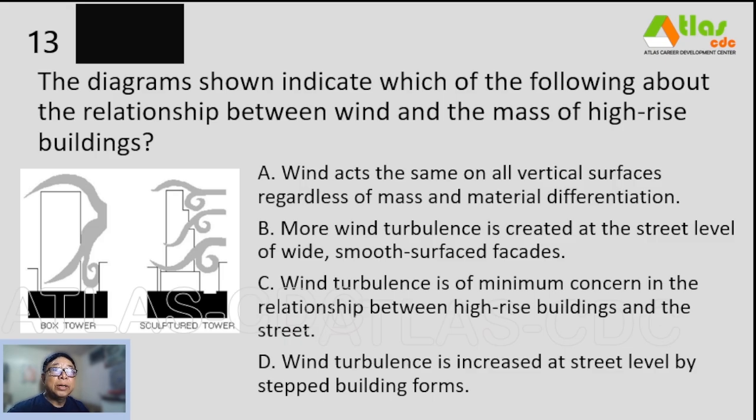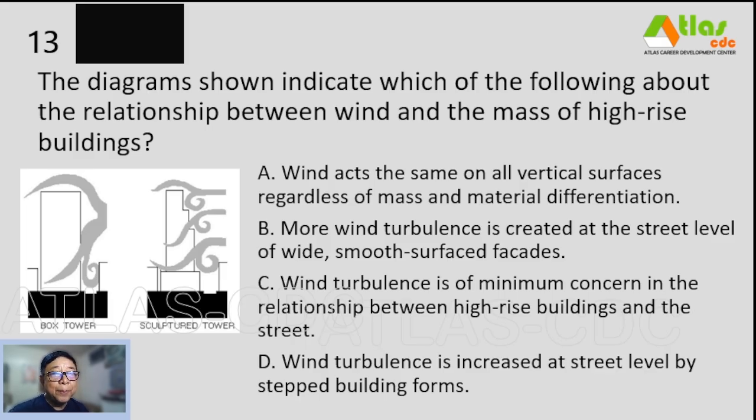13. The diagram shown indicates which of the following about the relationship between wind and the mass of high-rise buildings? A. Wind acts the same on all vertical surfaces, regardless of mass and material differentiation.